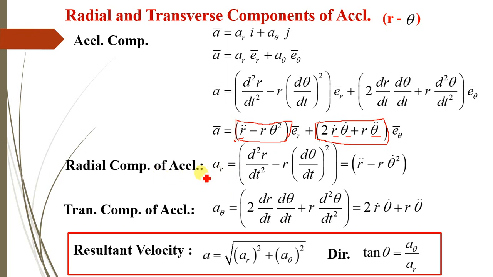That is, ar is equal to r double dot minus r theta dot squared, and the transverse component of acceleration a theta is equal to 2 r dot theta dot plus r theta double dot. Therefore the resultant acceleration a is equal to the square root of ar squared plus a theta squared, and the direction tan theta is equal to a theta by ar.